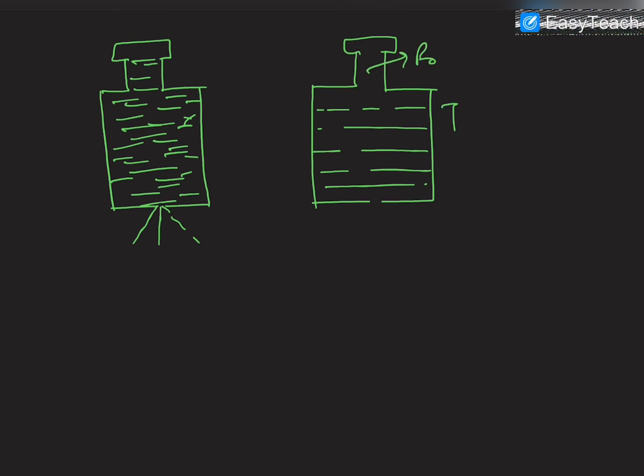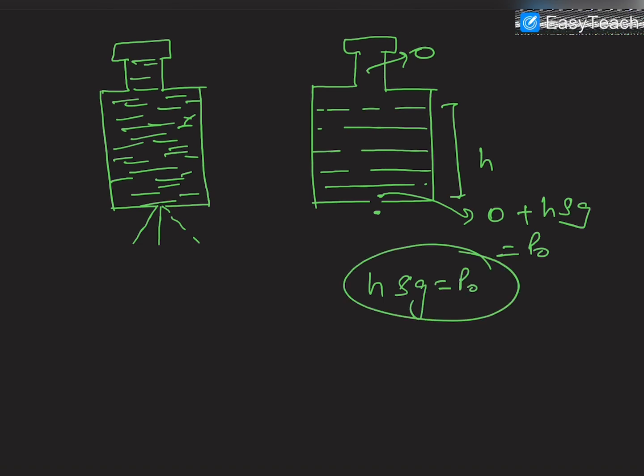If the height at which the liquid ceased to come out is h, the pressure at the point just inside the container above this hole is 0 plus h rho g, and the pressure at the point just outside will be P naught. These two will be equal because liquid is not coming out. Therefore, if these pressures are equal, liquid will not come out of the bottle.